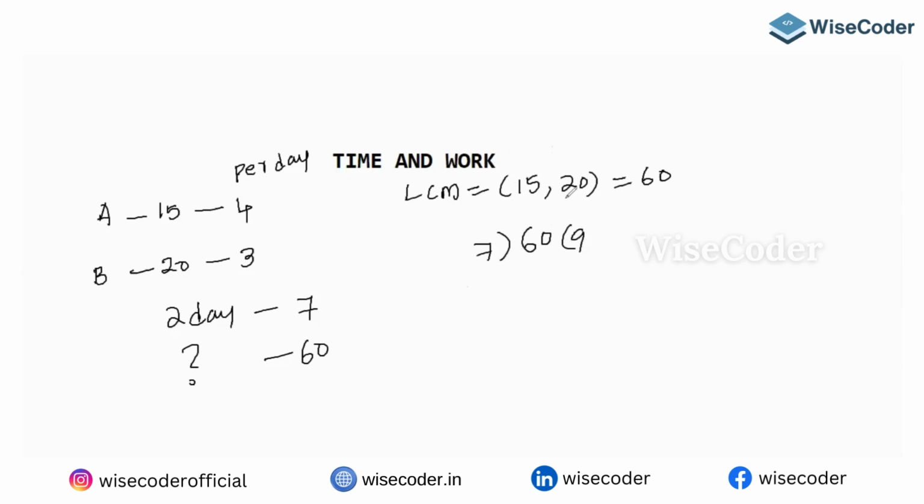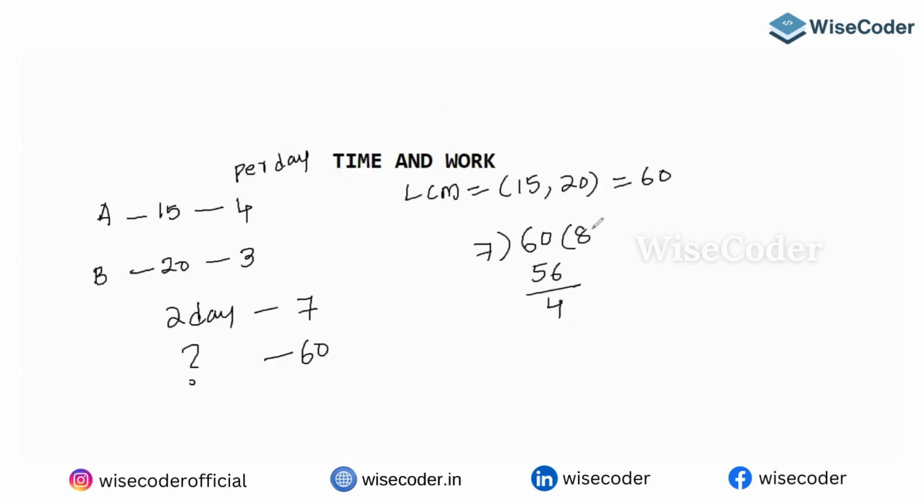So 7 eights are how much? 7 into 8 is 56. So 7 eights are 56, which means there are 4 chocolates pending.